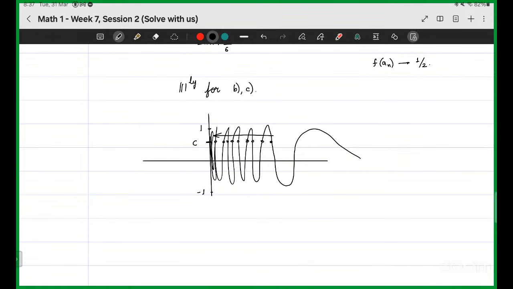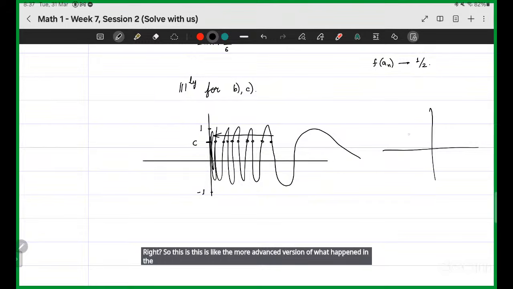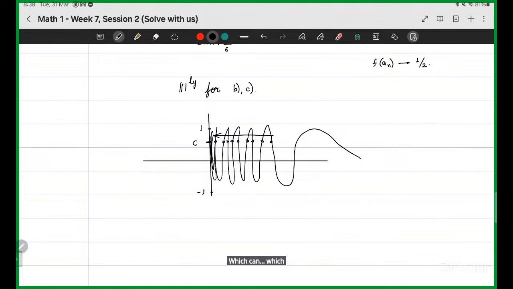So this is the more advanced version of what happened in the rational and irrational sequence, where we just had two values: the rationals were converging to +1 and the irrationals were converging to -1. But here we have produced something which has sequences converging to any number in the range that you want.